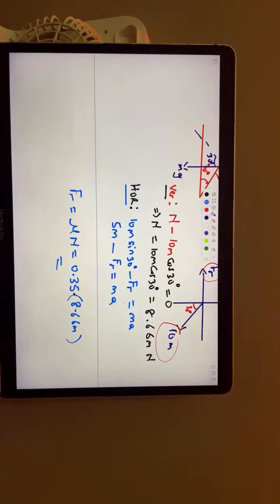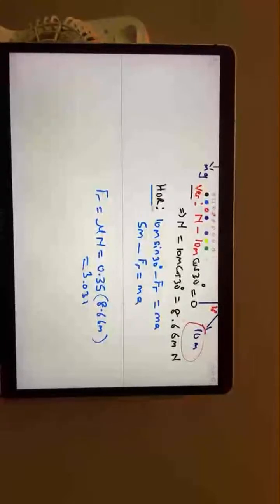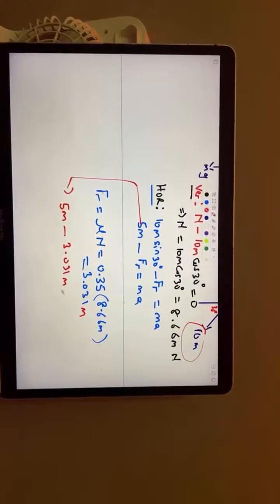So that will be 0.35 times 8.66. So that gave 3.031. So finally, I will substitute this into this equation. So this equation becomes 5m minus, instead of frictional force, I already have this, 3.031 m equals Ma.